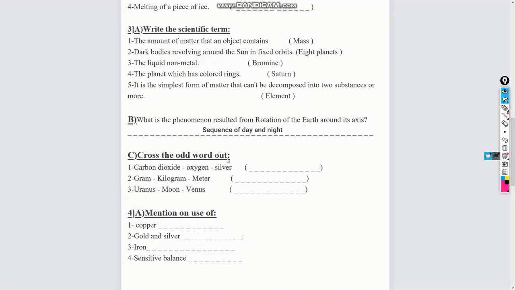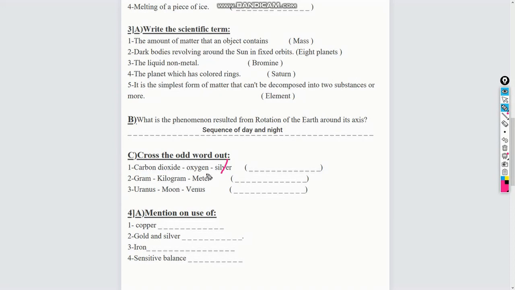Cross the odd word out. Carbon dioxide, oxygen, silver. Carbon dioxide is a gas. Oxygen is a gas. But silver is, yes, it's a solid. Gram is a unit for measuring mass. Kilogram is another unit for measuring mass.